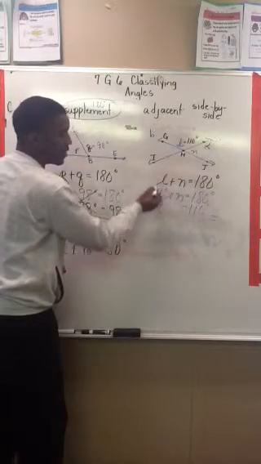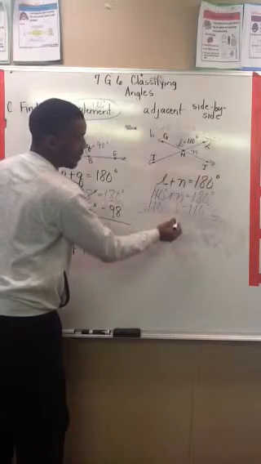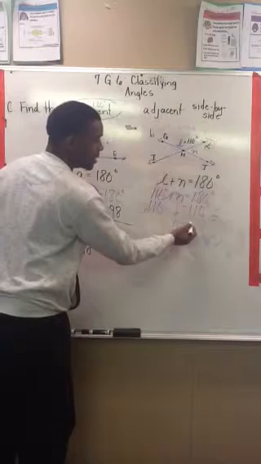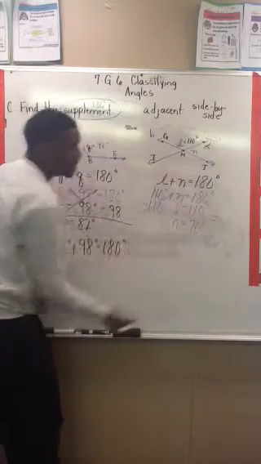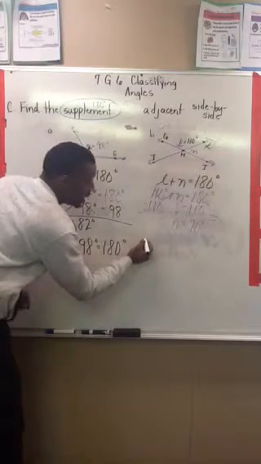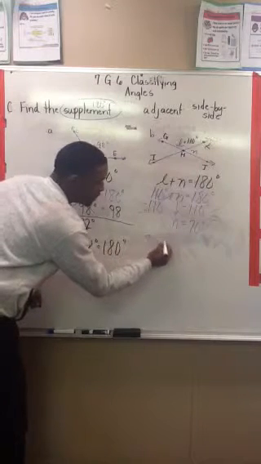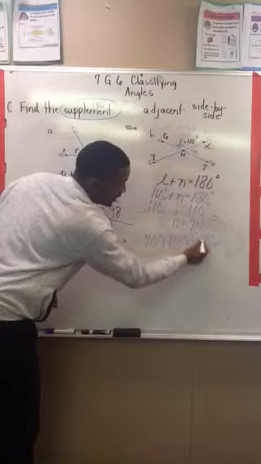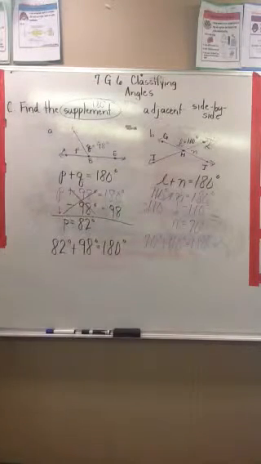Take the signs with the constants. Bring down the variable and the equal sign. I'm now left with 180 minus 110 degrees, or 70 degrees. I use my knowledge of inverse operations to check it. 110 degrees plus 70 degrees should equal 180 degrees.